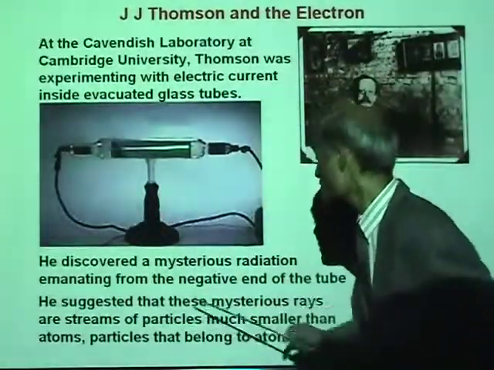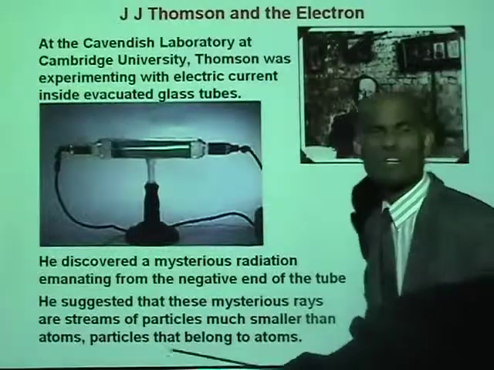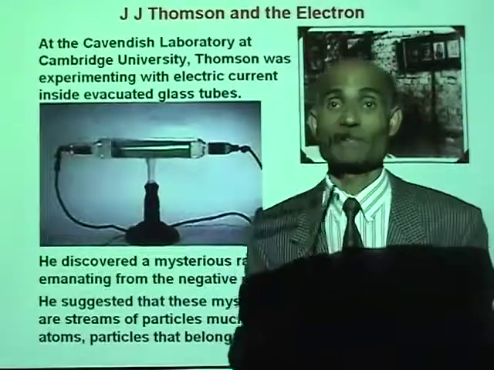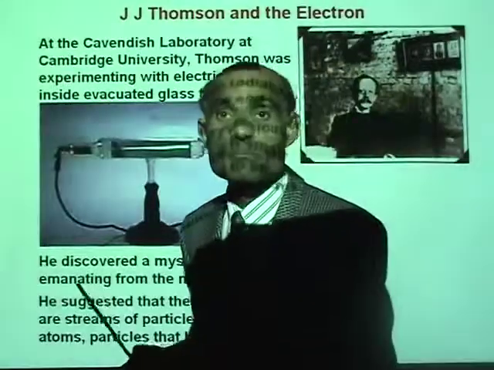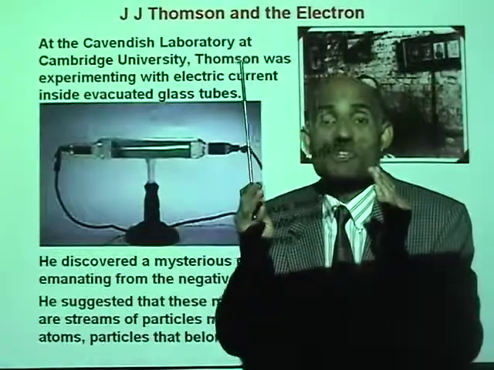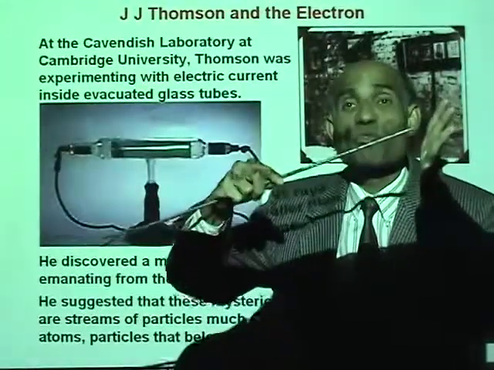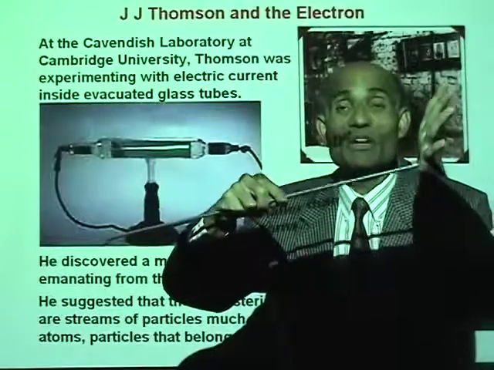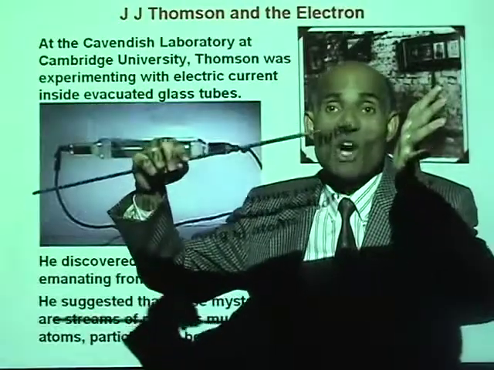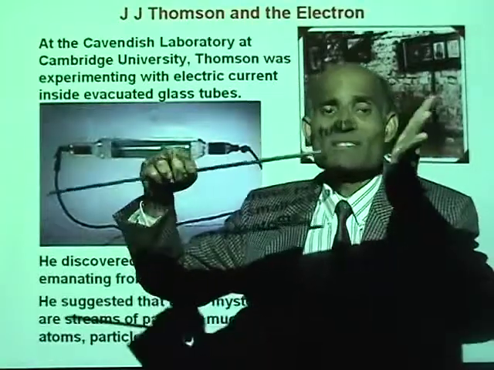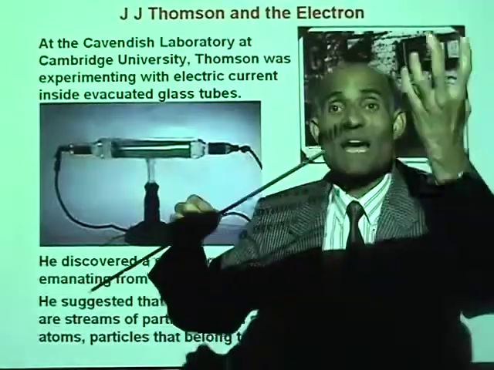Now, he suggested that these mysterious rays are actually streams of particles. And he allowed these mysterious particles to fall on what he called fluorescent screens. And he noticed that when they fell on the screens, they produced flashes. Each time something falls, you see a flash.